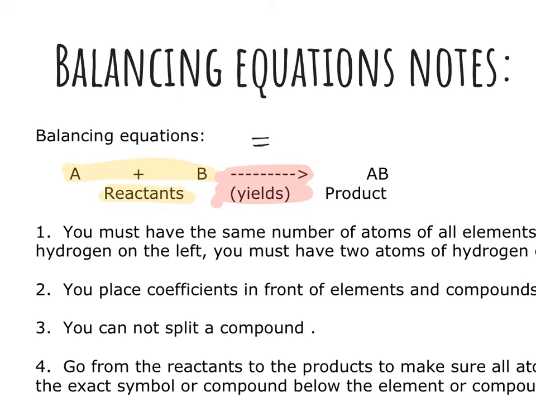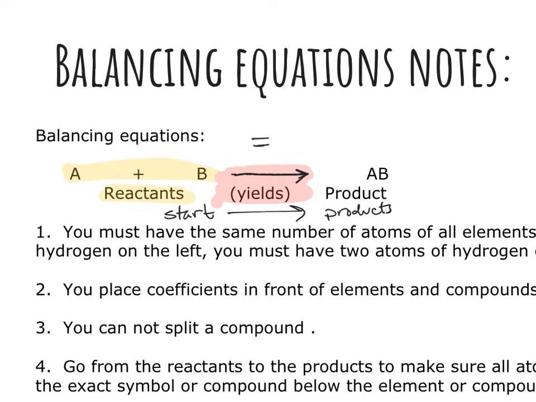One side of the chemical equation is going to equal the other side of the chemical equation, but it's a full arrow here because we're indicating the direction that we're going. So we start at the back end of the arrow with the reactants, and we're going towards the other side, which is going to be the products side.